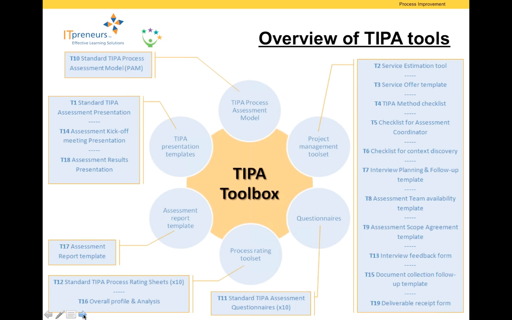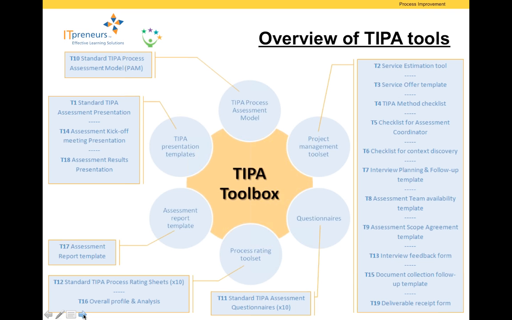This PAM has been built out of 2 components: a process reference model, which is really all the requirements of the ITIL books, the 5 life cycles that have been extracted and built into a reference model. And secondly, the guidance for conducting maturity assessments that comes from ISO IEC 15504. Those 2 merged together form the PAM, which is our guidance, our benchmark.